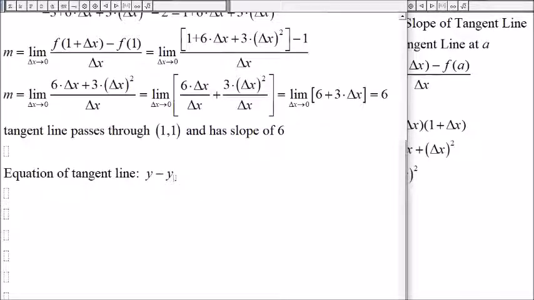That would be y minus y1 equal to slope times x minus x1. So here, this is x1, y1, so we get y minus 1, slope was 6, and then x minus 1. And that's the equation of the tangent line.